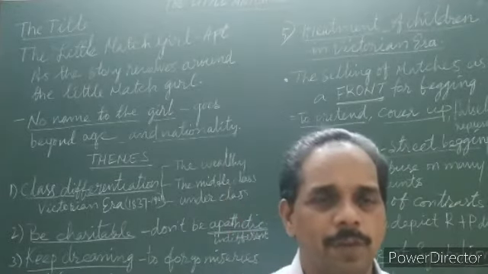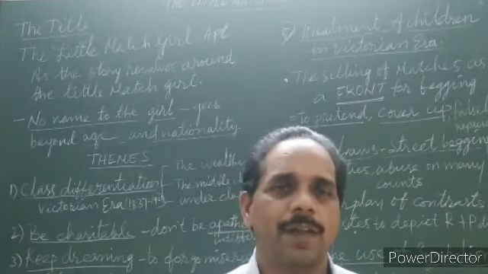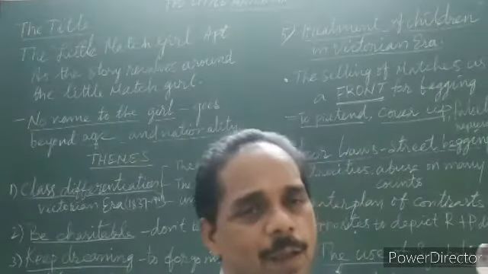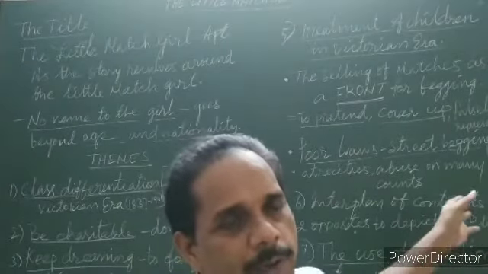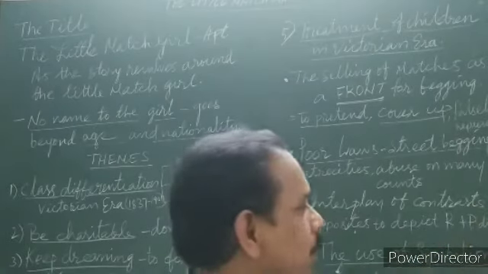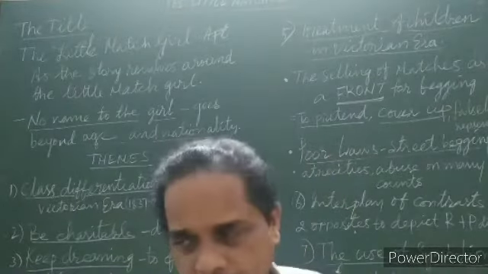So all these kinds of poverty and riches, comfort and suffering, these contrasting elements are brought in order to depict the differentiation between the rich and the poor. So these are the main themes.